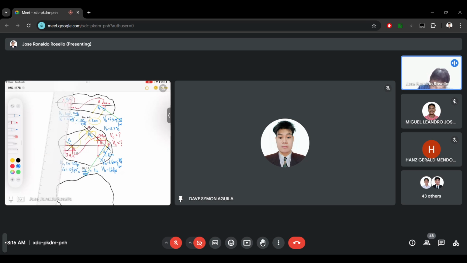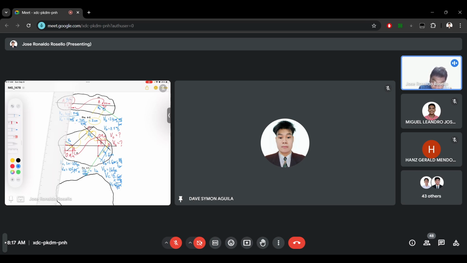Let's say it's 0.6 inches multiplied by the velocity scale, 10 feet per second over 1 inch. Cancel inch, we will have velocity C at 6 feet per second.